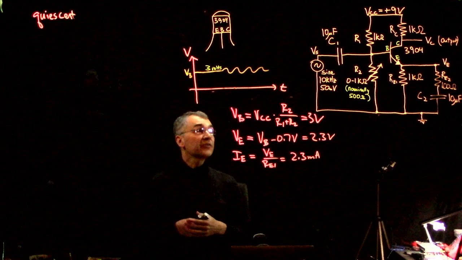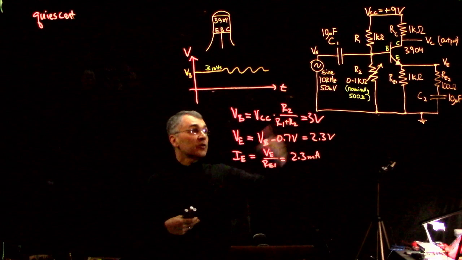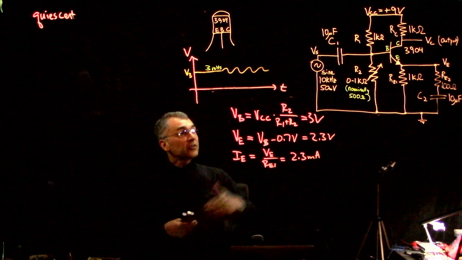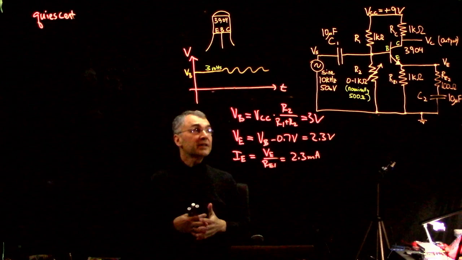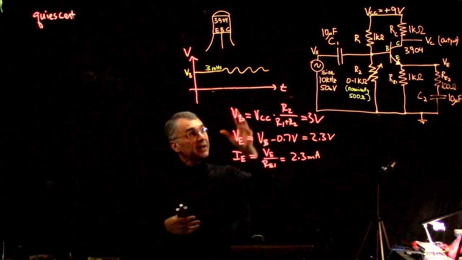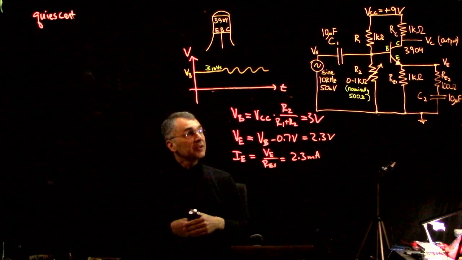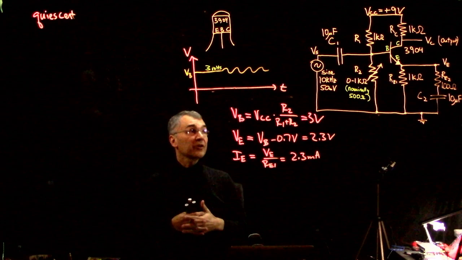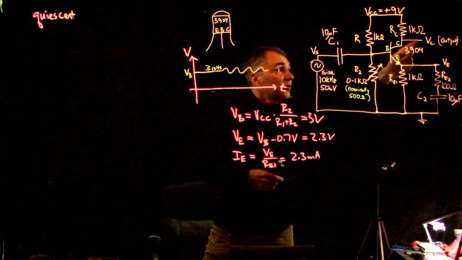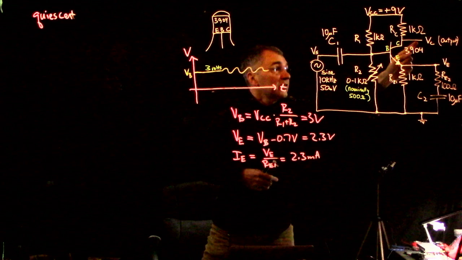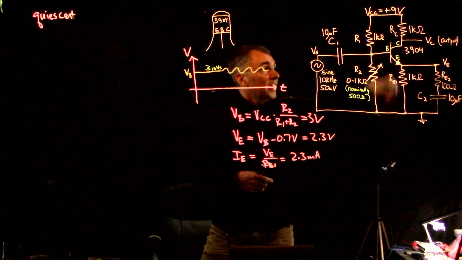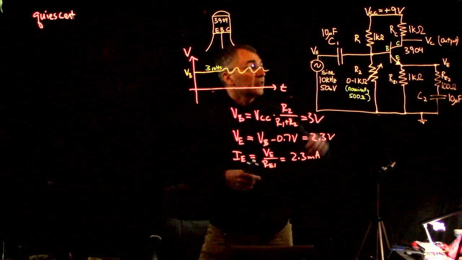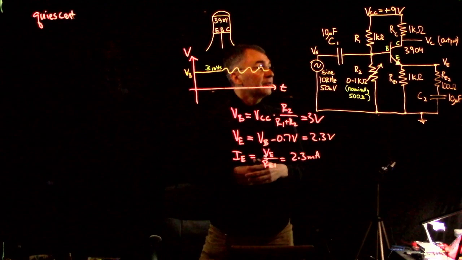The choice of collector resistor will depend on your desired gain, but you want to combine it with the quiescent collector current, which is about the same as the quiescent emitter current, so that the quiescent voltage at the collector is about halfway between the two power supply extremes. In this case, it's 0 and 9 volts, so we probably want the quiescent collector voltage to be somewhere around 4.5 volts.